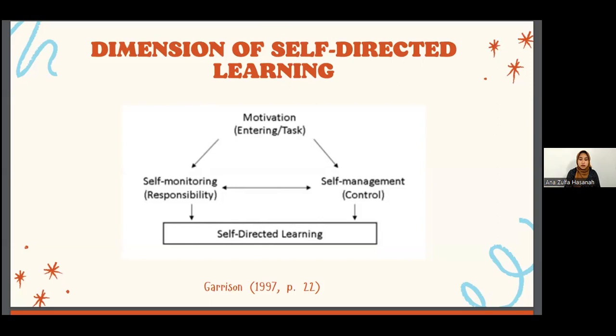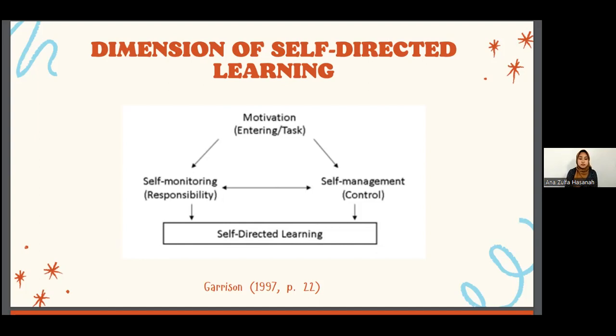And for the figure above, Garrison put forth a popular three-dimension model of SDL, and it focuses on outside activities influencing learning, such as managing learning resources, supporting, and also implementing learning objectives. And these actions are continually evaluated and also discussed.